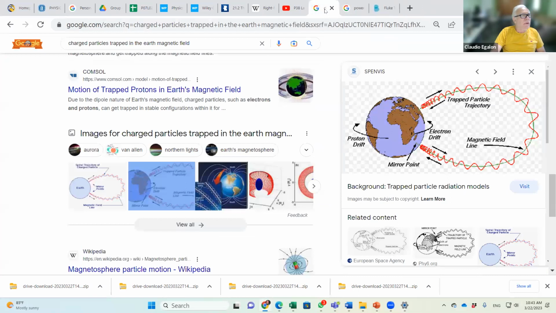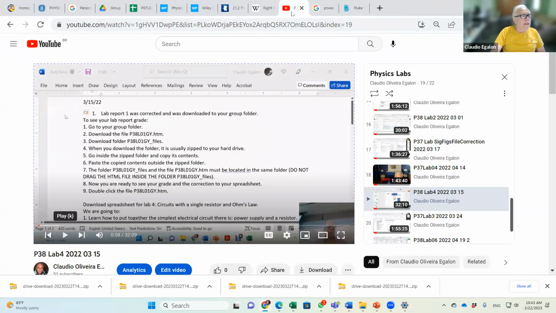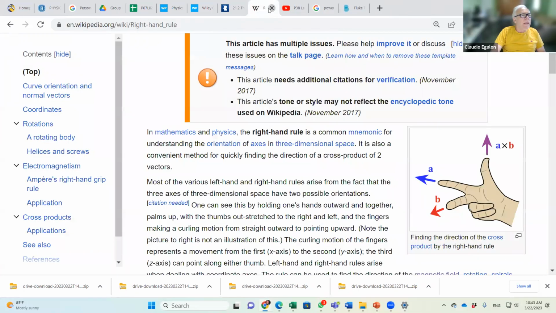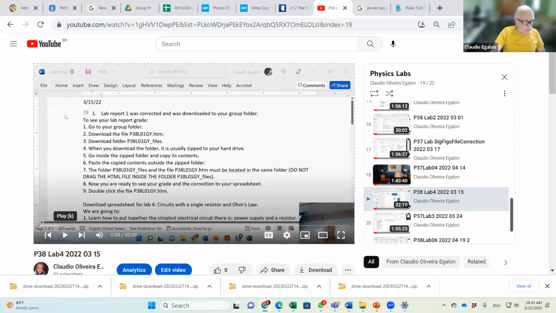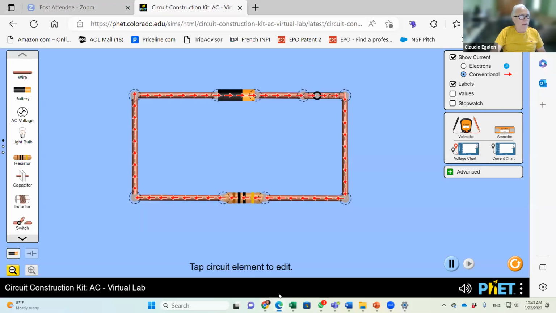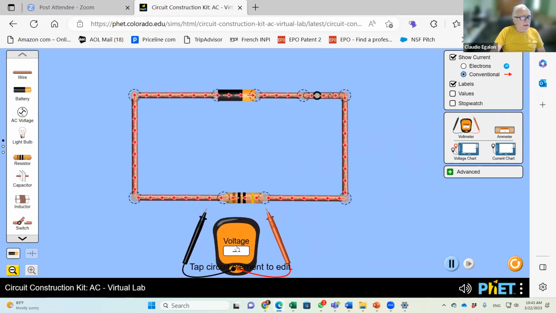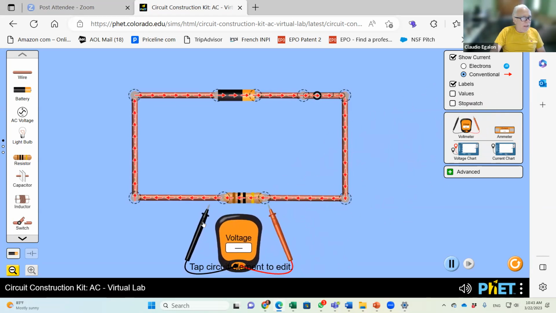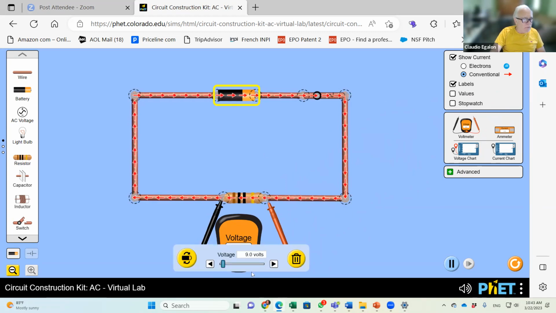Here's my voltmeter. Negative and positive. Okay. Here you're reading 9 volts. So let's see.